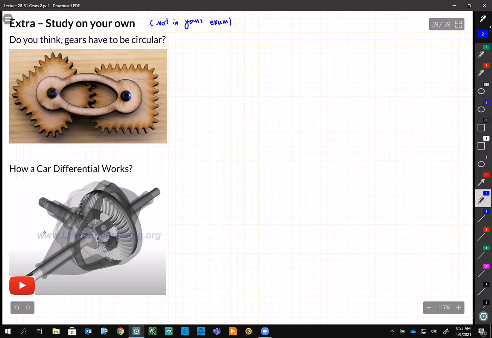So there is another topic that we haven't covered, and it was balancing. Balancing is also a very simple topic you can study on your own. It's not really a big deal, and it's not going to be in your exam.